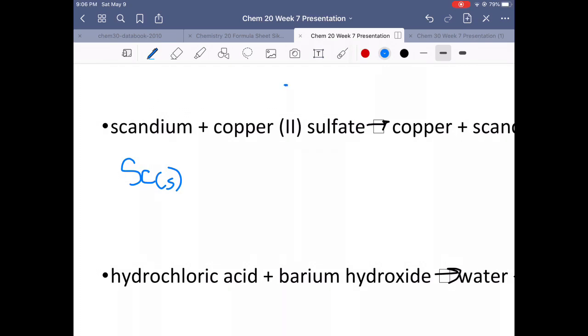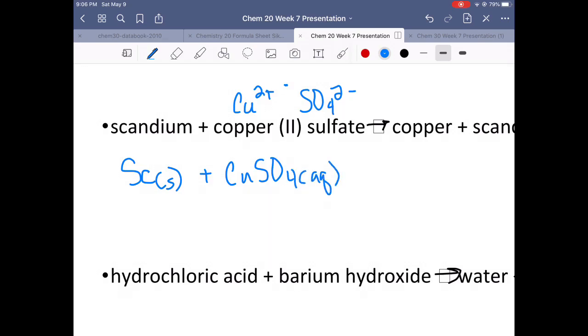Ionic compound, which means this is going to be copper 2 plus and sulfate SO4 2 negative. In the assignment, I'm really clear for you if something is aqueous or not. This one is because this type of reaction wouldn't happen if it actually wasn't dissociated copper 2 plus and SO4 2 negative dissolved in water. So that means this is copper 2 sulfate aqueous.